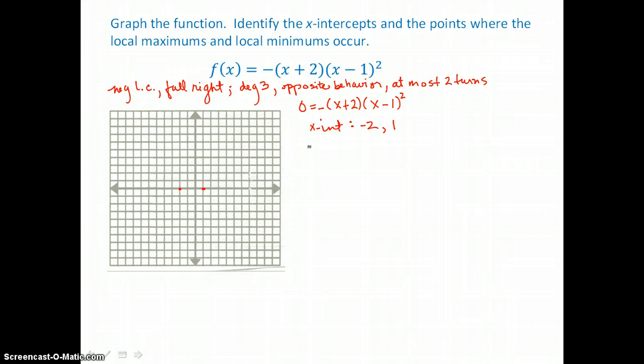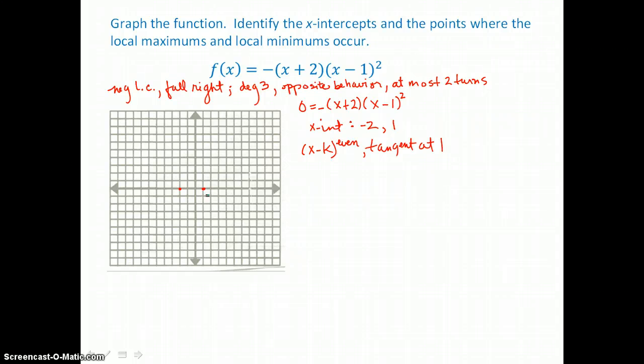Now because I have a factor of the form x minus k raised to an even power, like we learned in the last section, I can expect this curve to be tangent to the x-axis at 1.